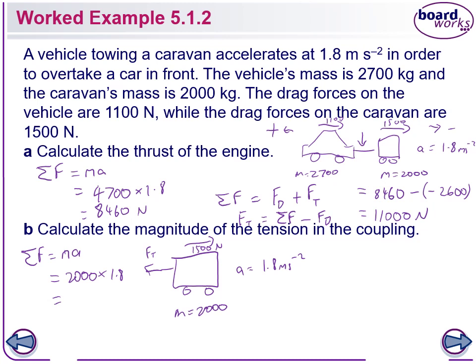So that's 3,600. So our net force is 3,600 newtons. Again, our net force is made up of our other forces. So our net force is made up of our tension force plus our drag force.